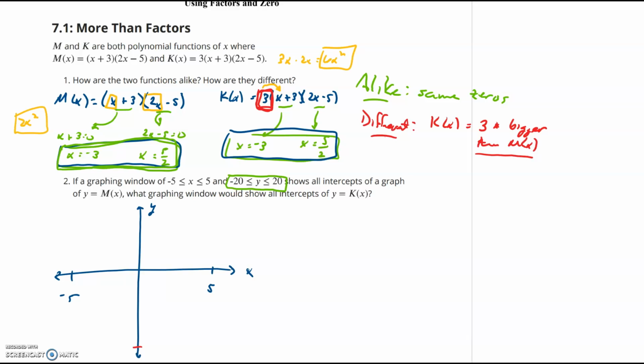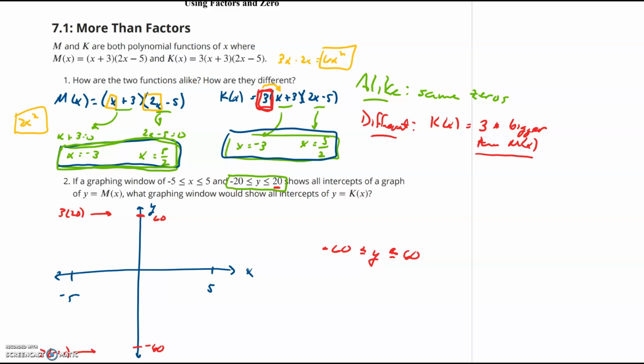So this would be 3 times negative 20, or negative 60, should be the lowest value on my y-axis, and my highest value, well, I started with a 20 in the graph of m of x. I know that it's going to be 3 times as high, so 3 times 20 should give me a positive 60.